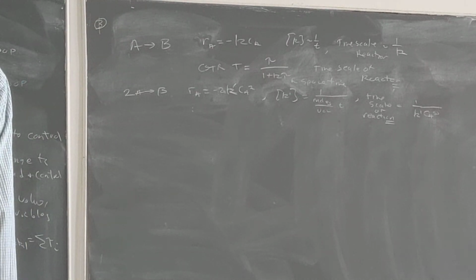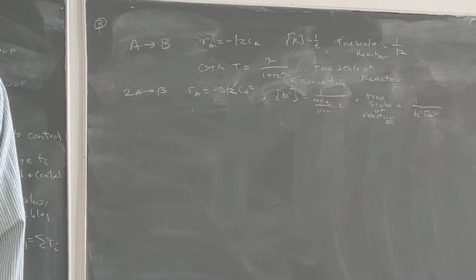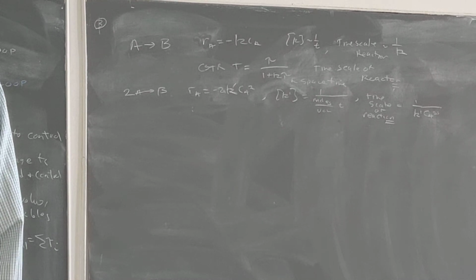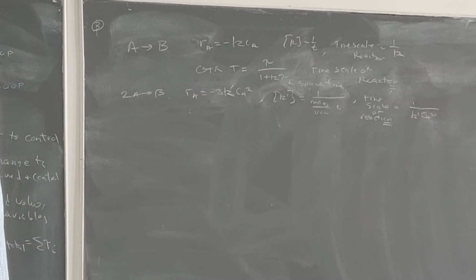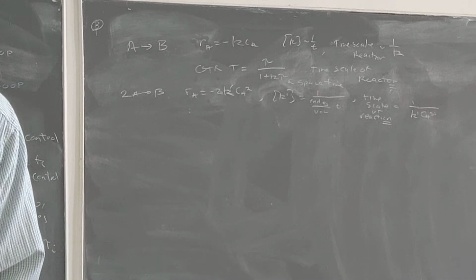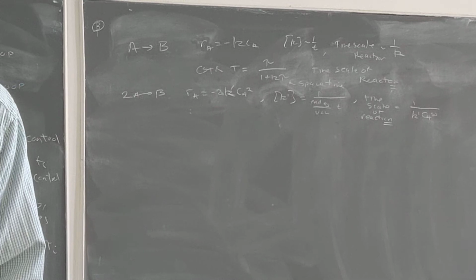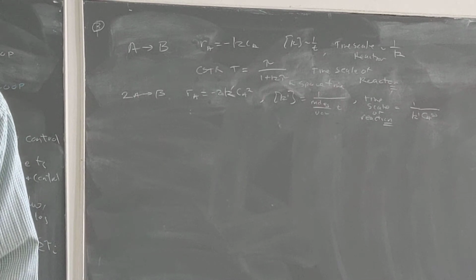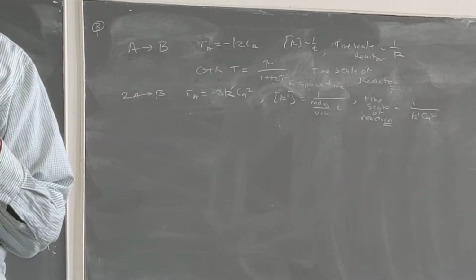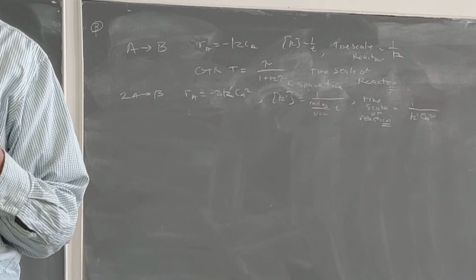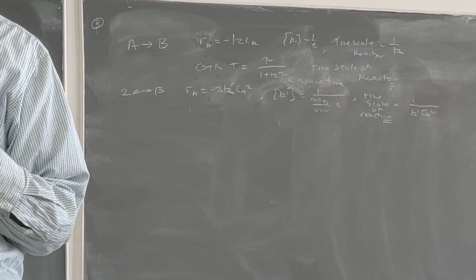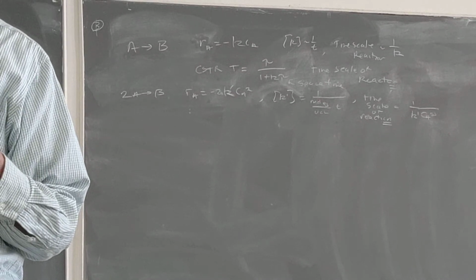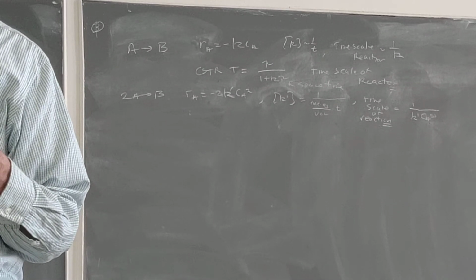Okay, so I need some more words. The disturbed variable is usually something I don't have control over. And I did say already that for each control variable you want at least one manipulated variable, hopefully valve controlled, that has an effect.